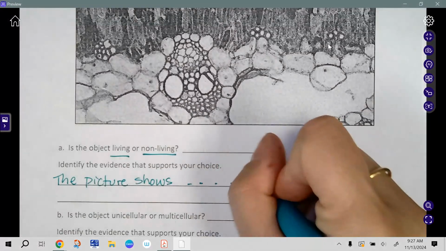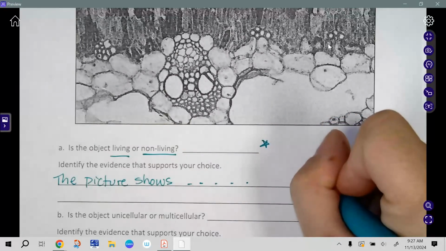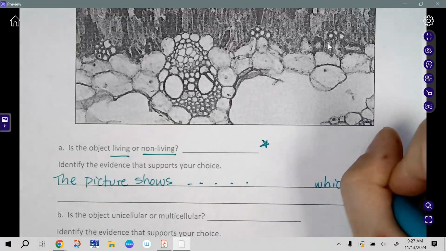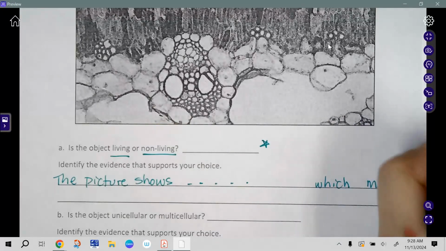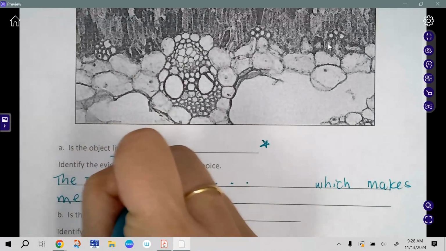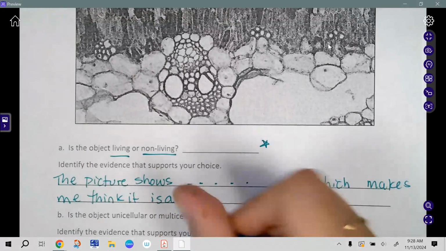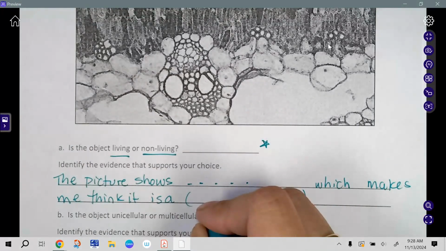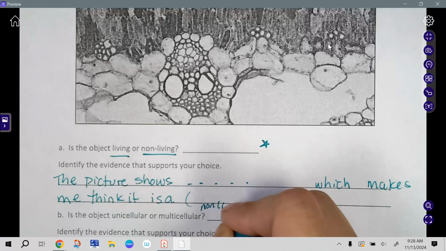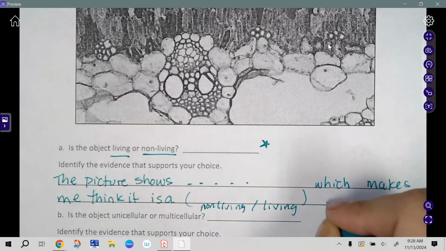So tell me what you think it shows, which makes me think it is, and then you're going to tell me, is it living or non-living? Non-living or living? You tell me.